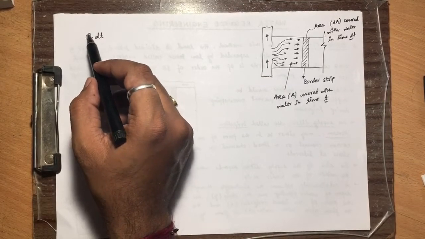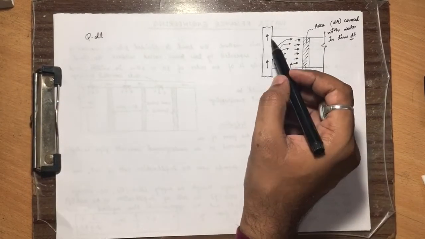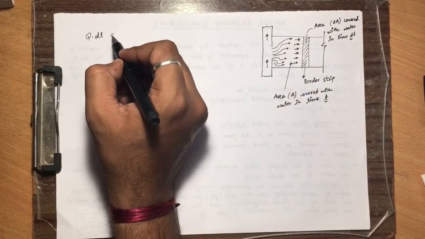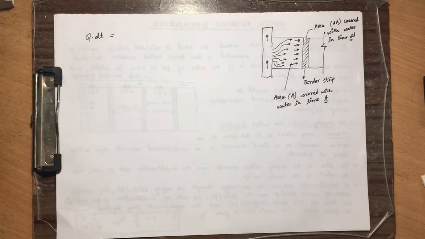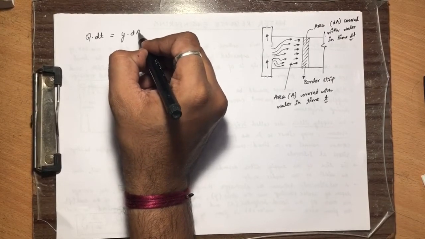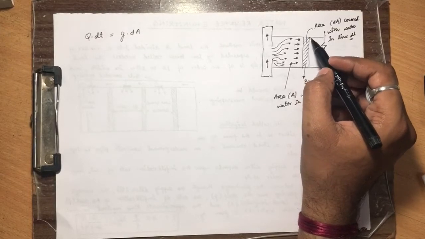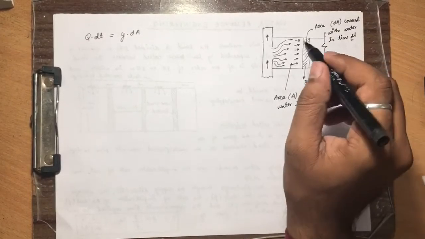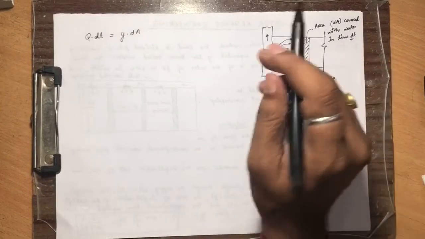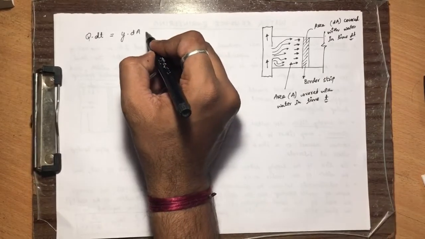So in a small time dt, this much volume we are taking from the water supply, and it will be equal to y into dA. This water strip has area dA and the average depth is y. So dA is area, y is height, and height into area will be volume.